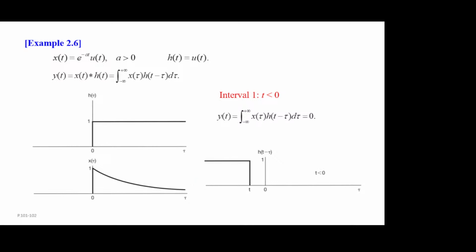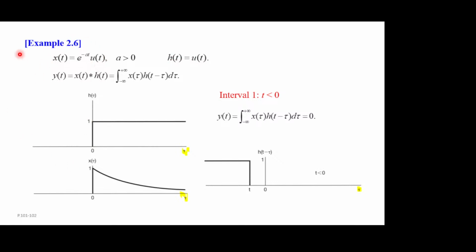The taus are important here. Remember, we are plotting against tau. Don't mix tau and t with each other. We plot x of tau and h of t minus tau. In our first example, we plot x of tau first. h of t equals u of t, so h of t looks like this.